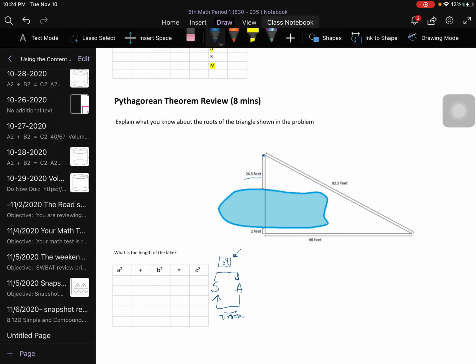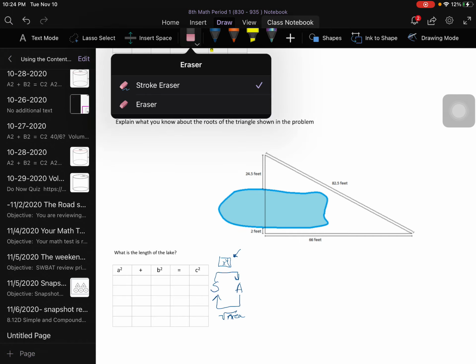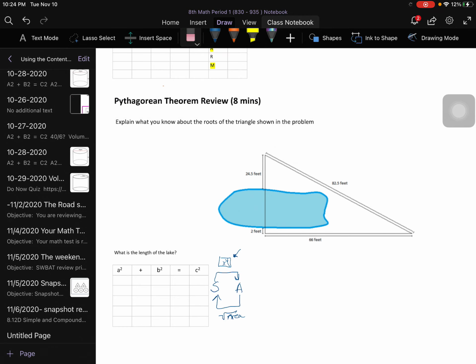Or is 24.5 feet only the distance from the top of this triangle to this side of the lake? That's only that distance, so that's not helping us. And this distance here is from the bottom of the triangle to this side of the lake, and that's only 2 feet. We know nothing of the lake, this distance here.